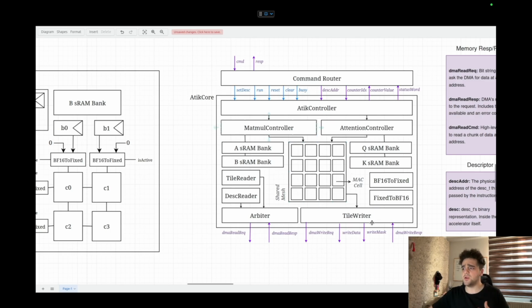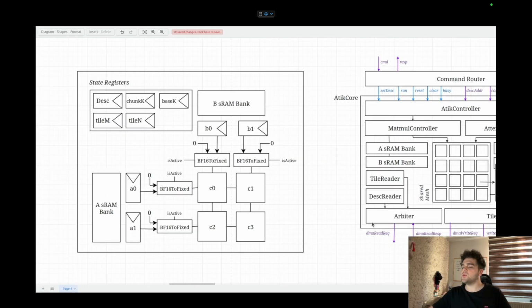The MatmulController will also have access to the tile reader to retrieve from the main memory or the caches, the bigger caches, data related to A and B, or even the tile writer to finally give us the results.